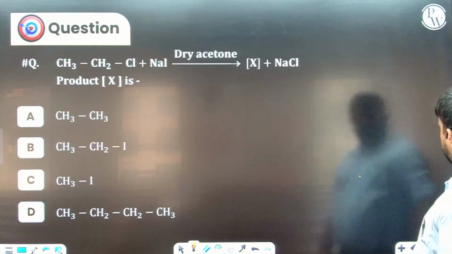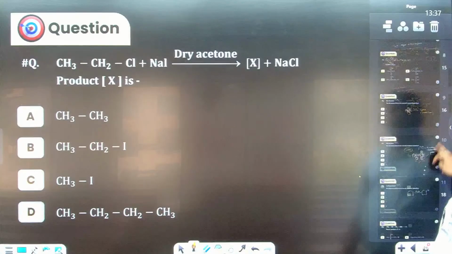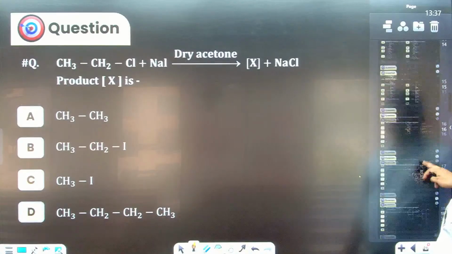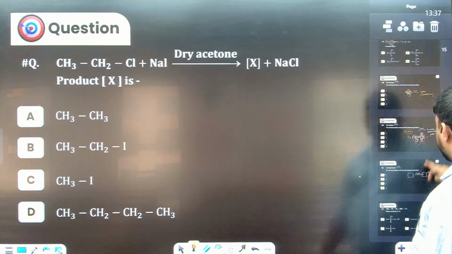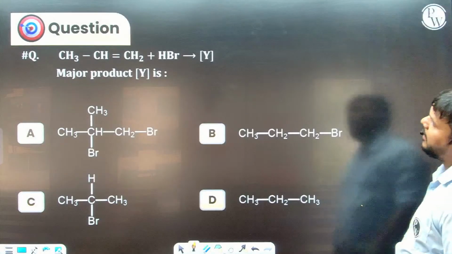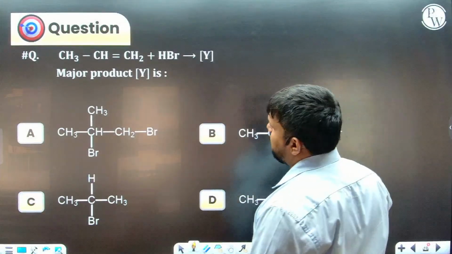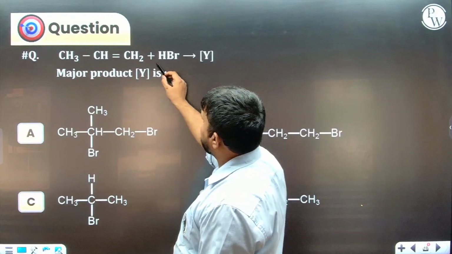Okay, next let us see more questions over here. Now we are having questions from alkene to haloalkane. This is alkene, we are adding HBr.